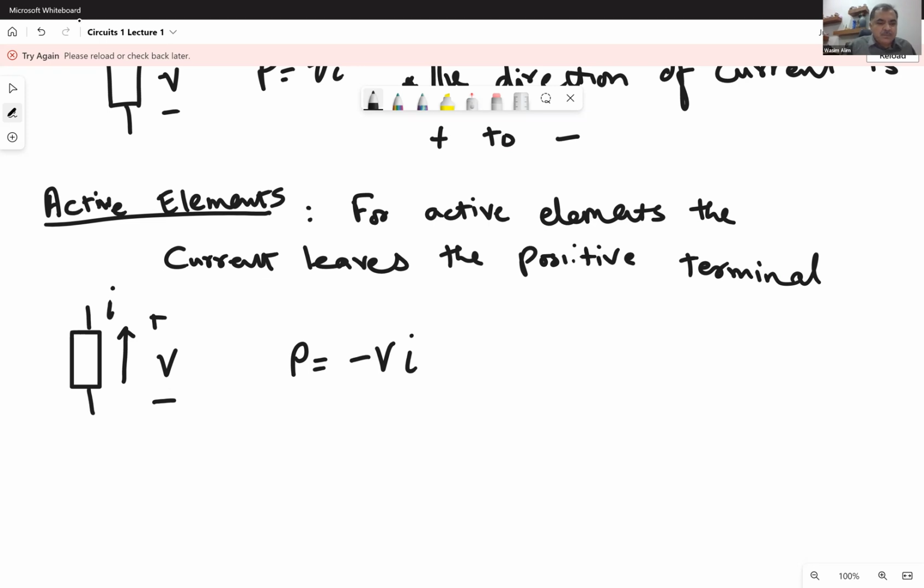Power dissipated by an active element is always a negative value when we talk about passive sign convention. And what that means is that if it is absorbing negative power, it is producing power and actually supplying that into the circuit. Okay, so let's write that statement here.